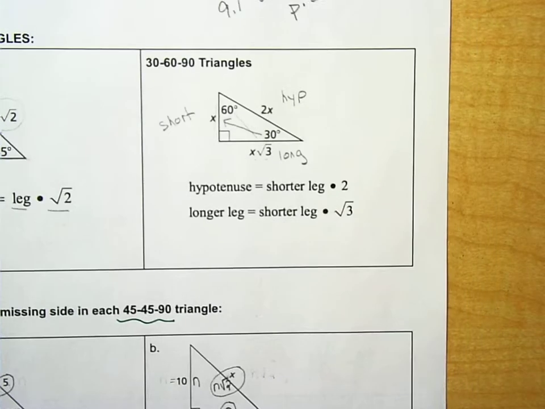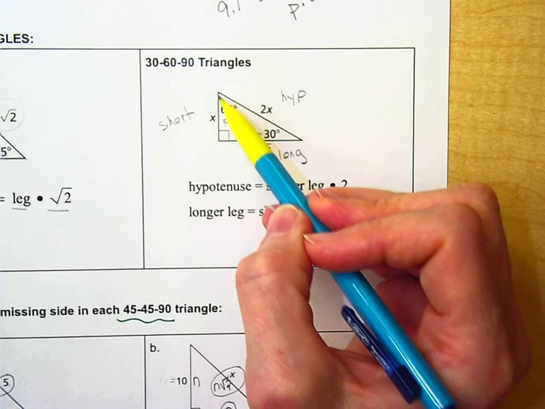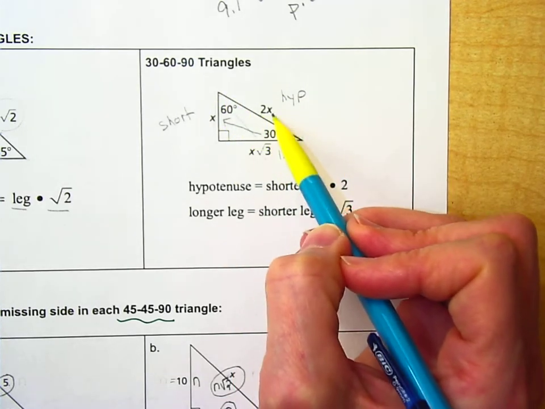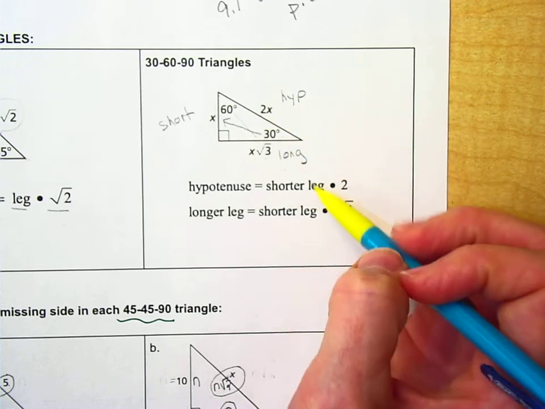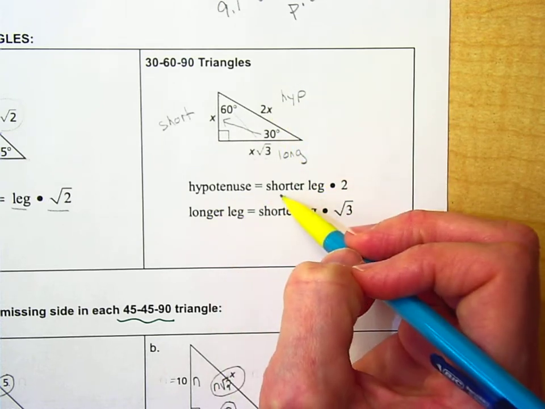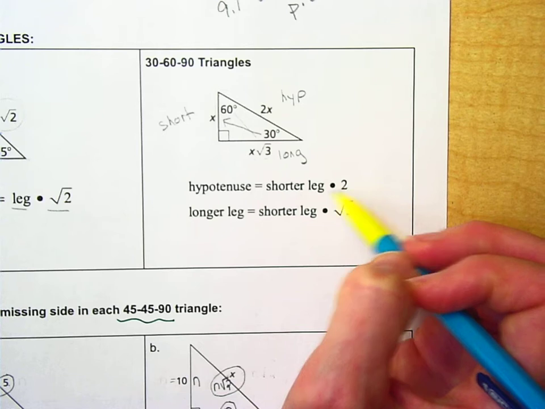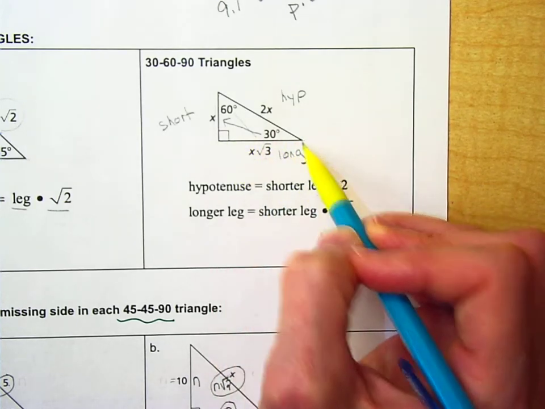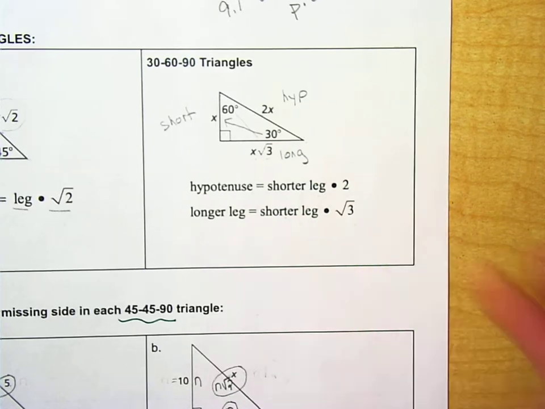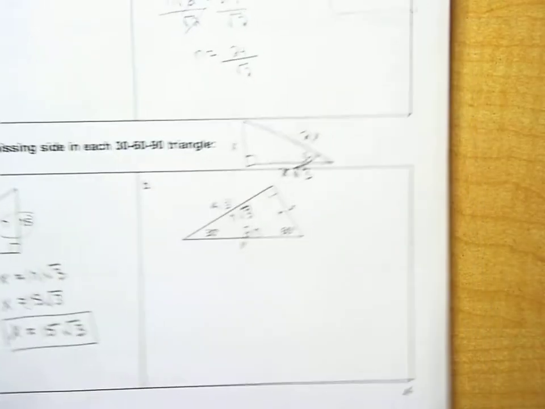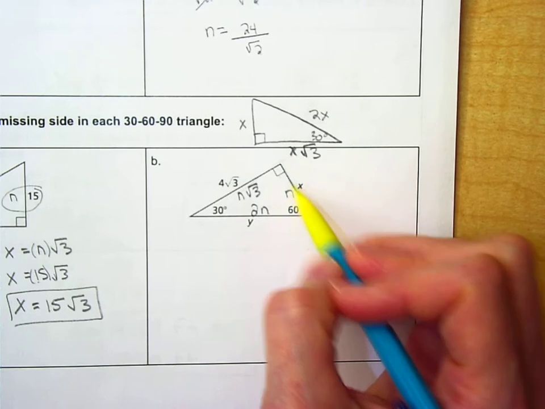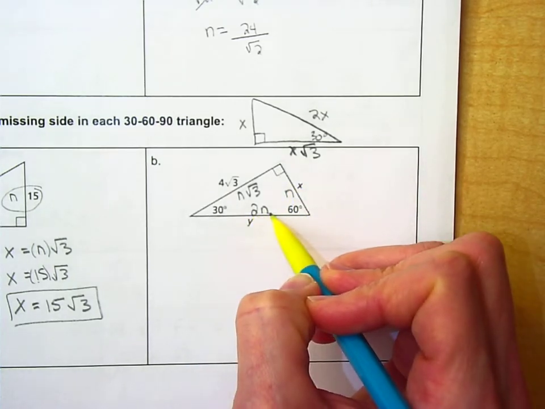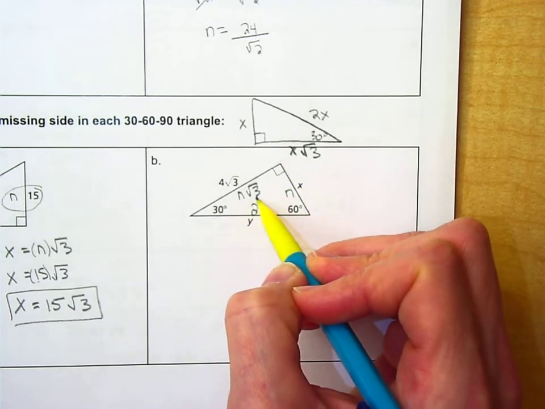I'm just doing these same relationships. Short side is x. Hypotenuse is 2 times x. So whatever my short side is, my hypotenuse is 2 times the short side. So shorter leg times 2. And the longer leg is shorter leg times the square root of 3. So in this example, my short leg is n, my hypotenuse is 2 times n, and my long leg is n times the square root of 3.